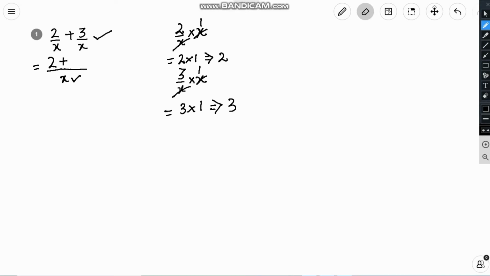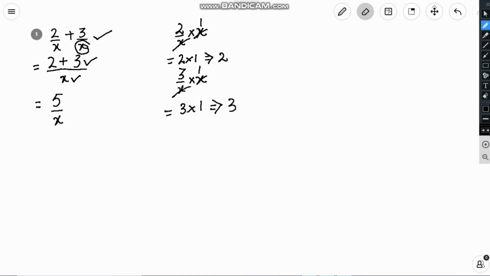Okay, just write 3 here. Now simply you can add these two numbers in the numerator. It becomes 5 by x. So this is how you can add rational expressions having the same number in their denominators.